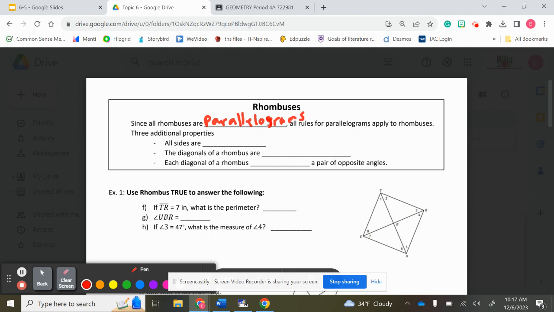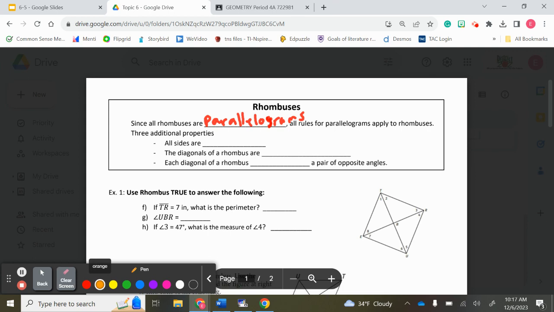Three additional properties of rhombuses: all sides are congruent. The diagonals of a rhombus are perpendicular. And each diagonal of a rhombus bisects a pair of opposite angles.